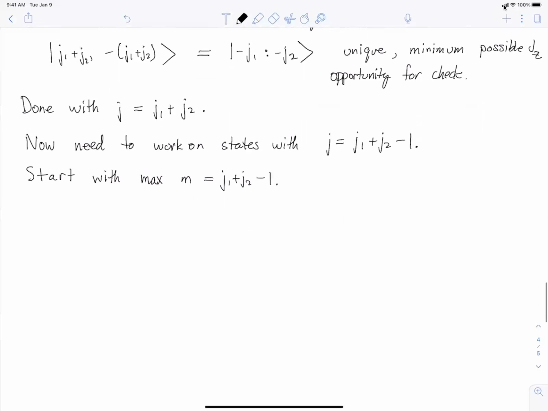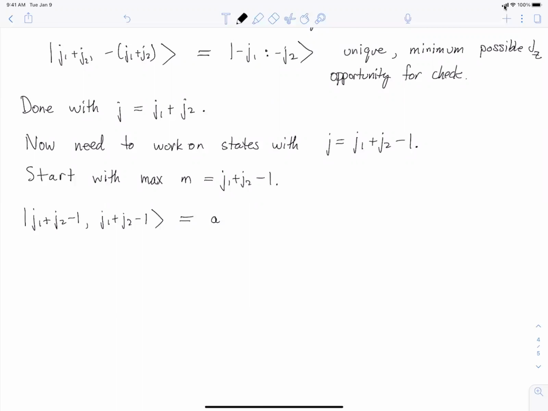Okay, so what we do is we write down the state that we're trying to get. This is the state with the maximum M. And what we know about it is it's a linear combination now of two possible states.